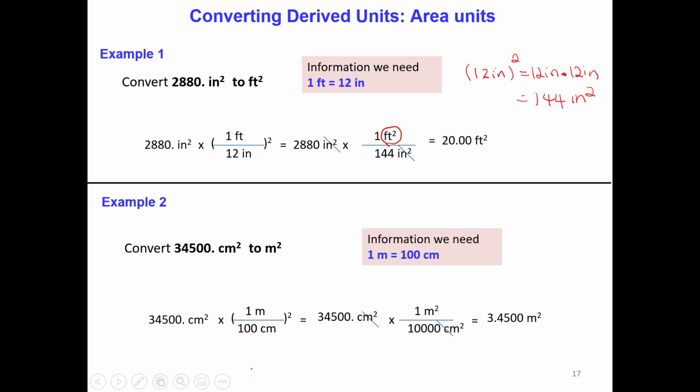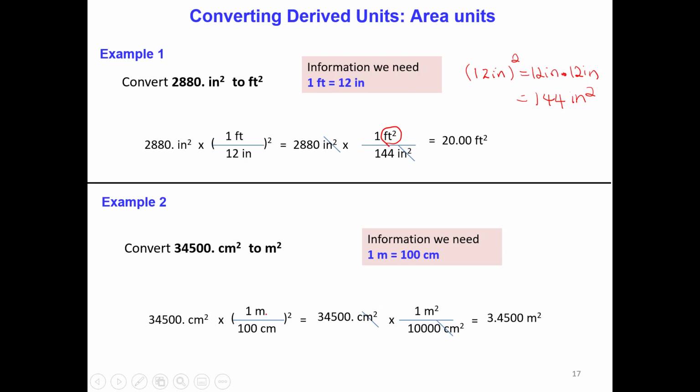This is the appropriate conversion factor, and we know this is the appropriate because centimeters cancel out with centimeters, but we need to be careful. Here we had to be careful because we need to square the conversion factor. Yes, it's the only way we can get square centimeters on top, square centimeters in the denominator.